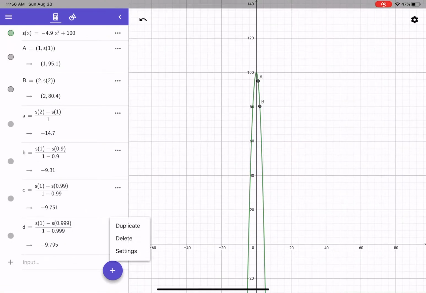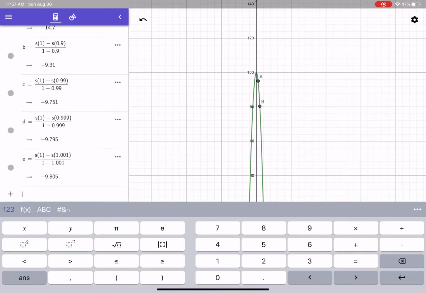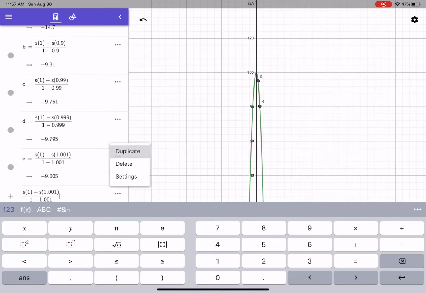So I'll duplicate it again. Go up here and then change these second numbers to 1.001, same thing down here at the bottom. Okay, we have negative 9.805. Duplicate that.